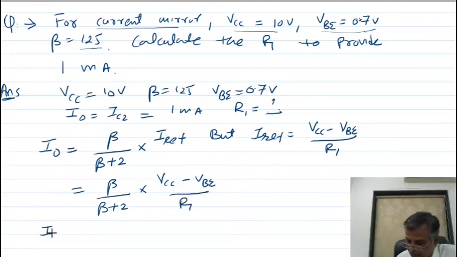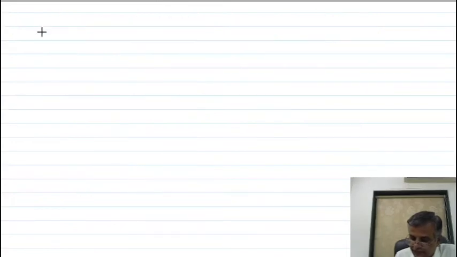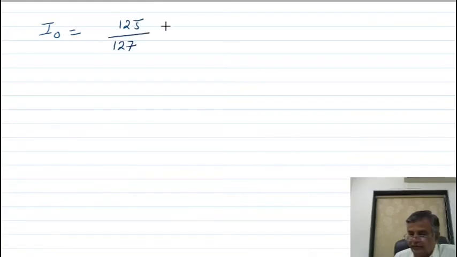Let me put the values. IO is equal to beta is 125 upon beta plus 2, 127, into VCC 10 volt minus 0.7 upon R1, since I reference is VCC minus VBE upon R1.